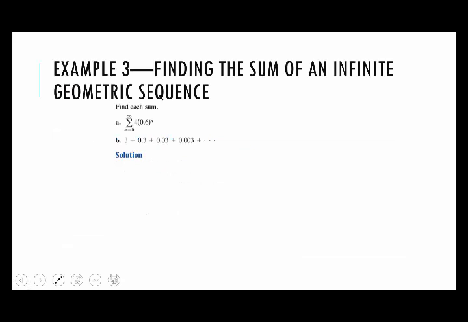So, find the sum of the infinite geometric sequence. In this case, the infinite geometric sequence has an initial term of 4. It's going to the infinite upper bound, and it has a ratio of 0.6.